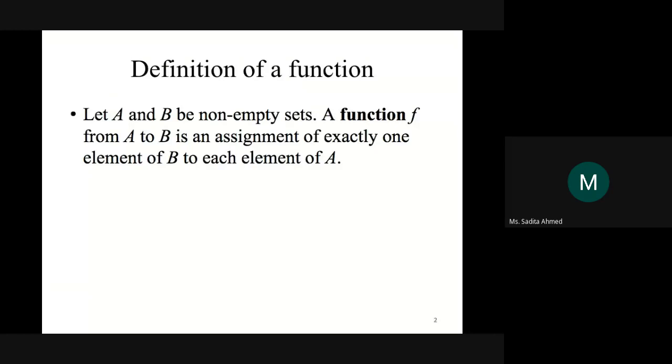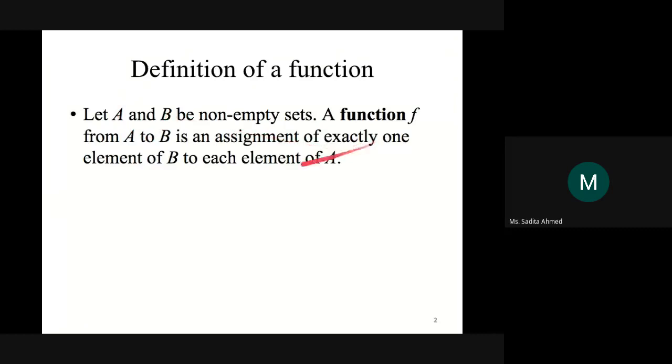So we are mapping the elements of one set to the elements of another set, for two non-empty sets. And it's mapped such that each and every element of the set on the left-hand side must be mapped to exactly one element on the right-hand side.